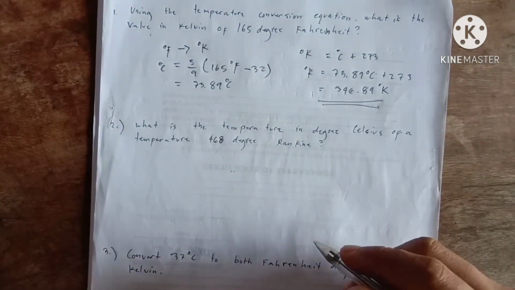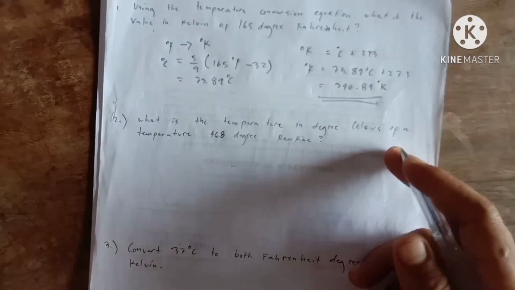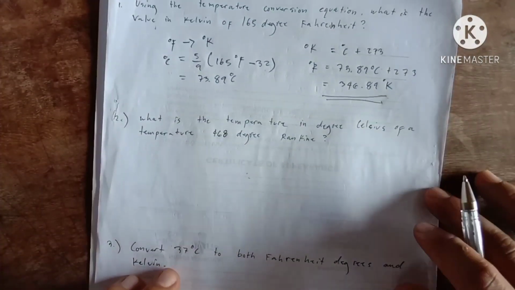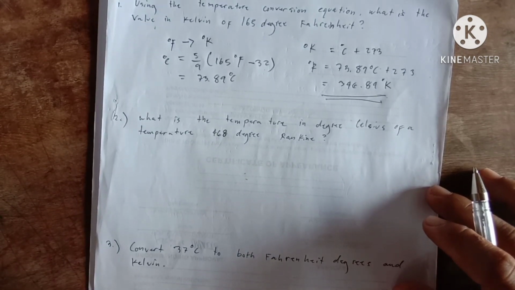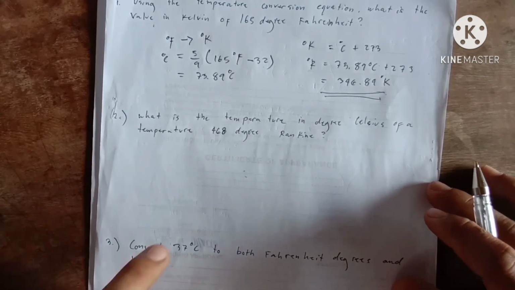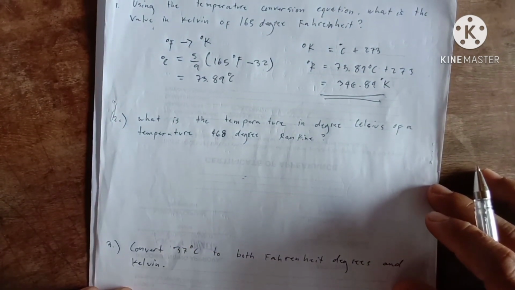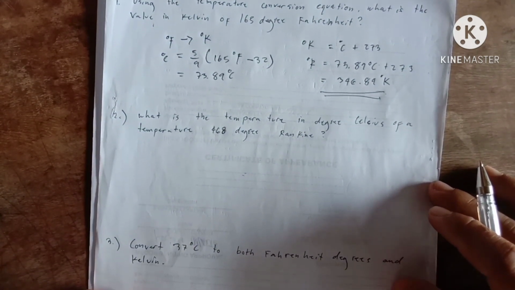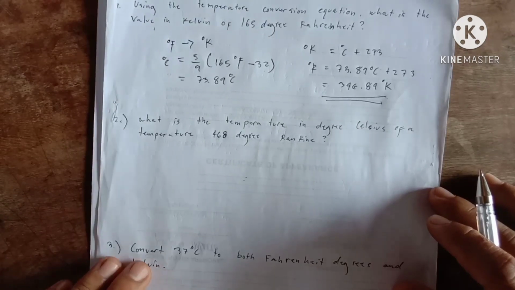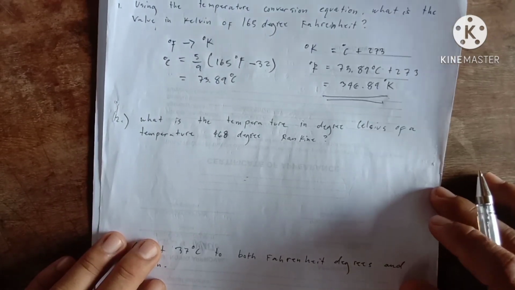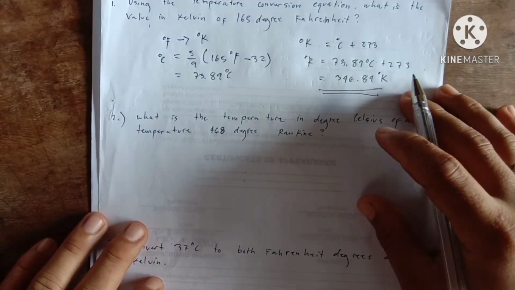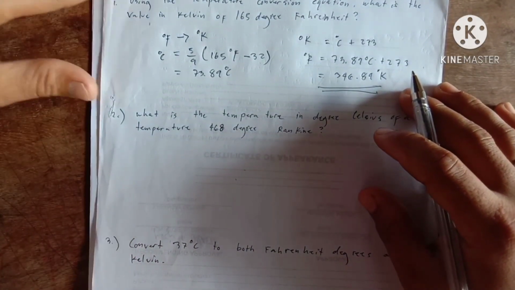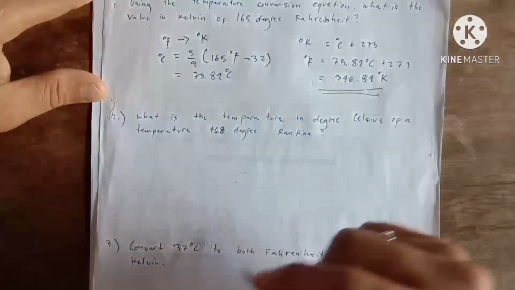So we proceed to problem number 2. What is the temperature in degrees Celsius of a temperature of 468 degrees Rankine? So we need to convert Rankine into degrees Celsius.